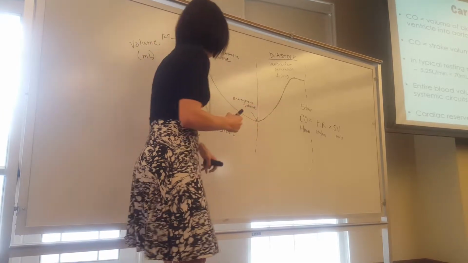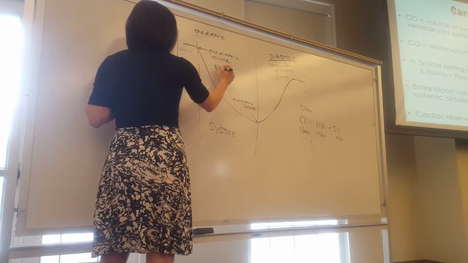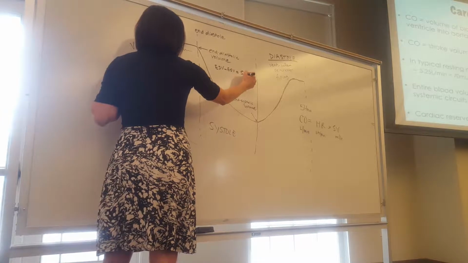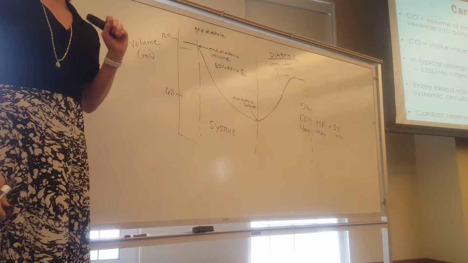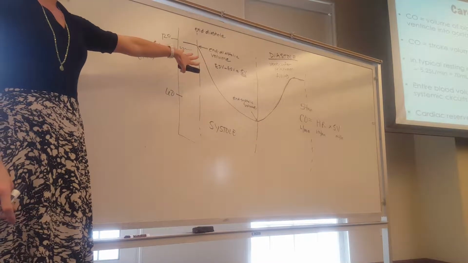Okay? So, end diastolic volume minus end systolic volume is stroke volume. All right, that is the amount of blood you pump out per beat.